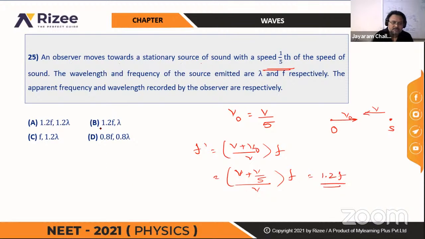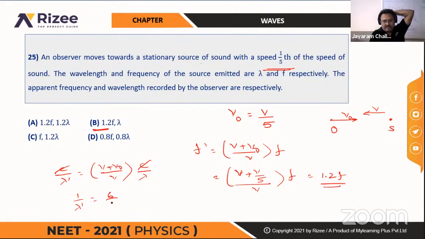So 1.2 times of f here we have got, and next he is asking the lambda. So obviously you can get the lambda in the same way, or else reverse these two things. f dash can be written as c by lambda dash is equal to v plus v naught by v into c by lambda. c can be removed and solve the same sum. So that should be 1 by lambda dash is equal to 6 by 5 times of 1 by lambda.